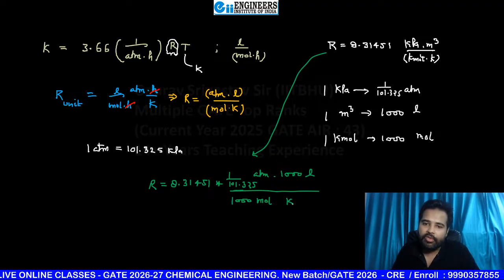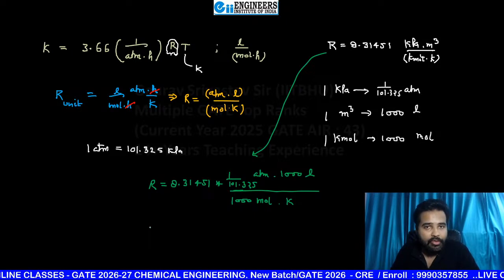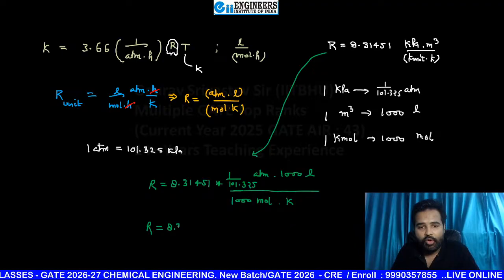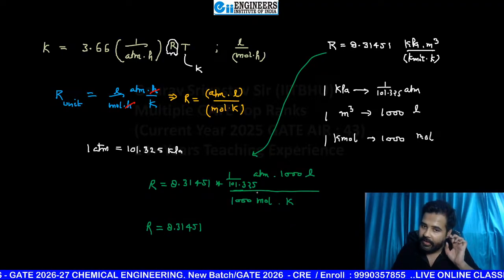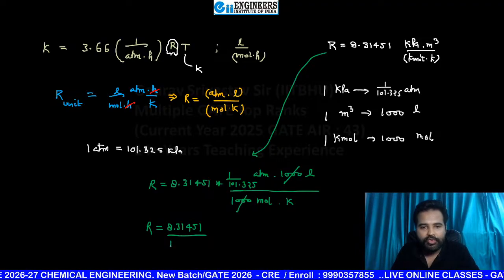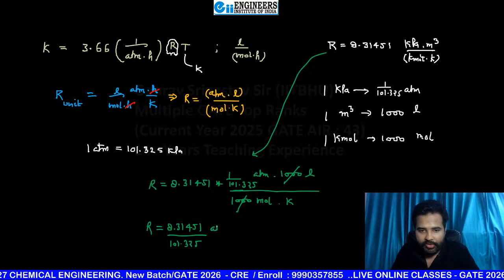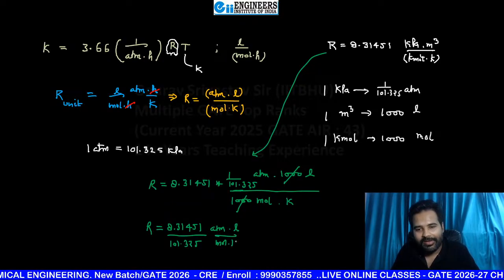In place of Kelvin, no conversion required. Now just separate numerical values from units. So it will come 8.31451, and this 1000 cancelled, and whole upon 101.325, and now it is in atm liter per mole per Kelvin.